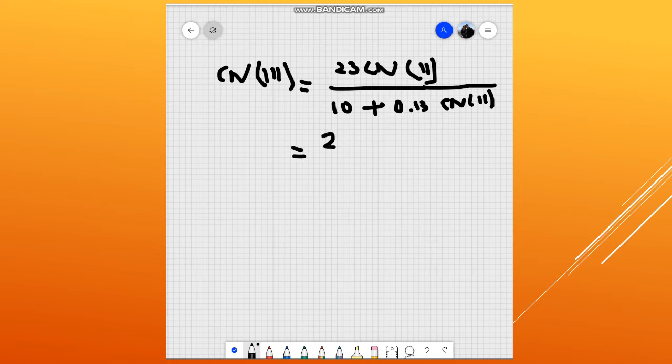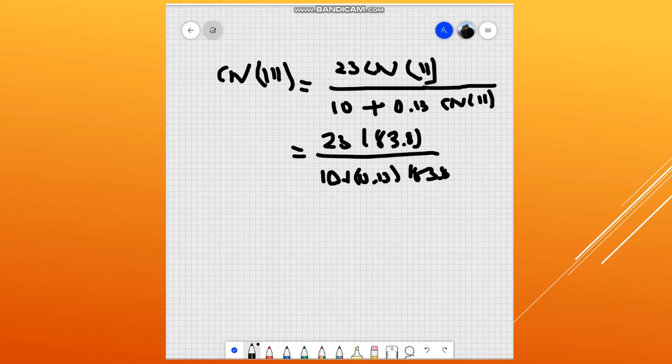So 23 multiplied by curve number 2, 83.8, over 10 plus 0.13, again in parentheses, 83.8, which is curve number 2.